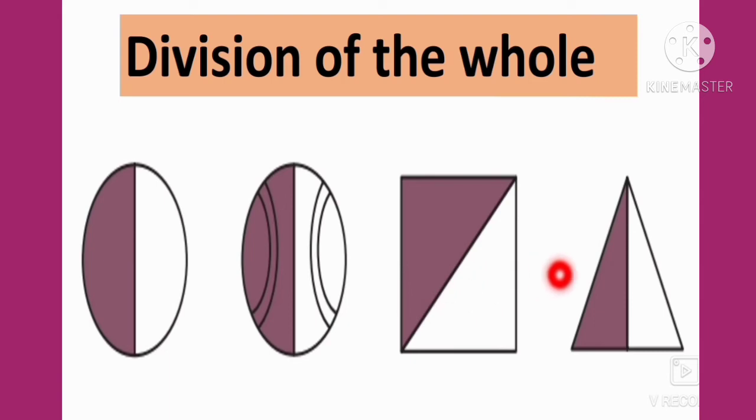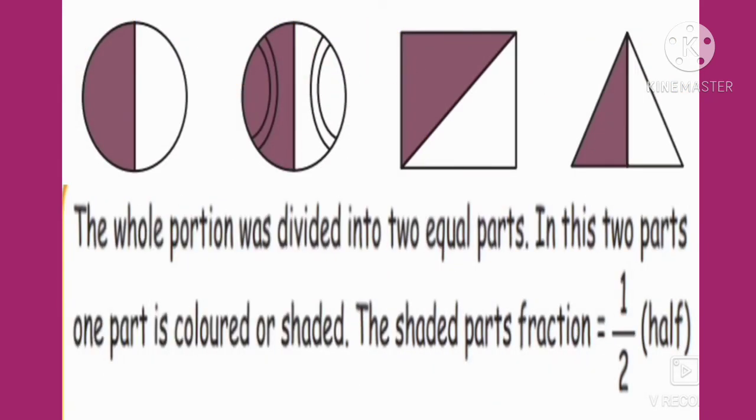Now let us see one by one. Now children, first let us see 1/2. That can also be read as half, and also semi portion of whole, partial of whole.